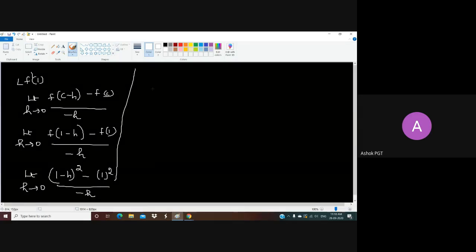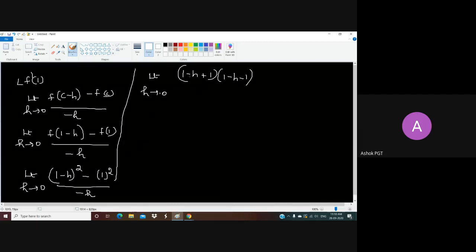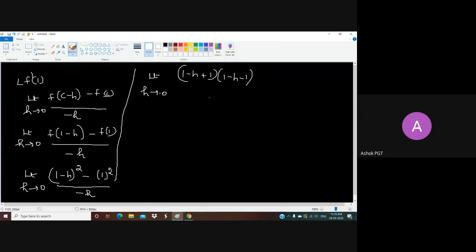So again we can use the same a square minus b square formula. So a plus b into a minus b, right students? So it becomes whole divided by minus h. So limit h tends to 0, 2 minus h, and then plus 1 minus 1 will get cancelled.